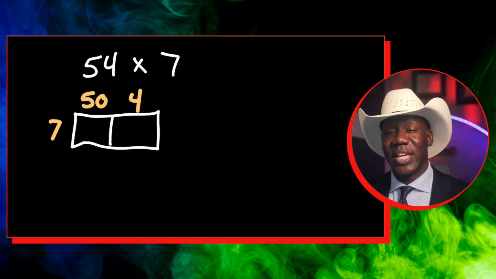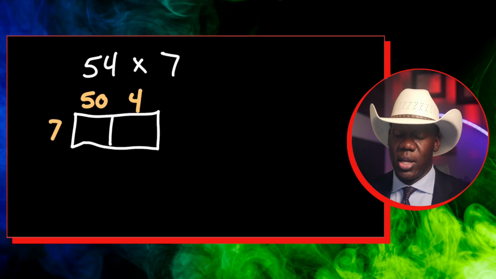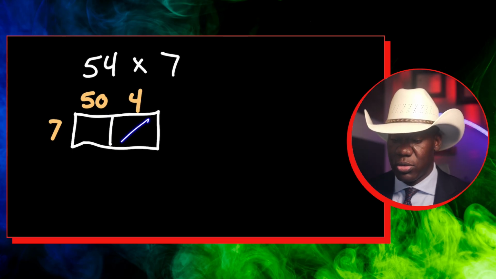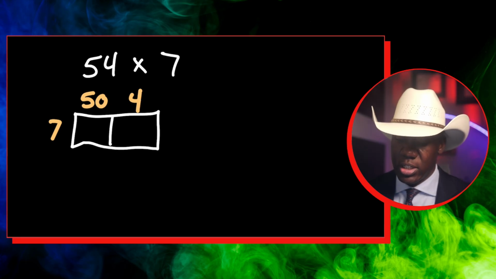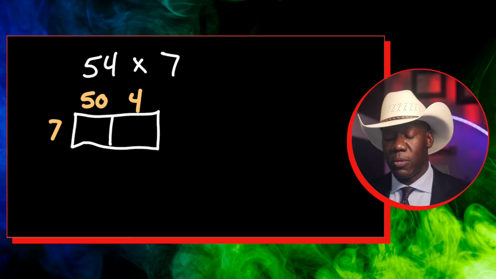Every box follows that same pattern. So for this box, the factors we need are 4, because we go straight up, and then all the way to the left, 7. So 7 multiplied by 4.